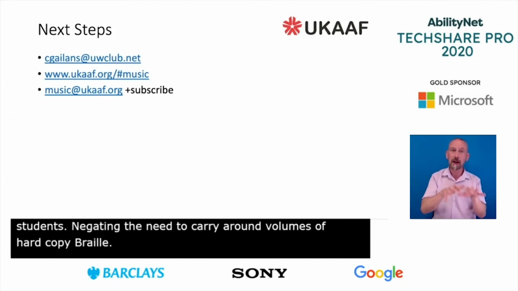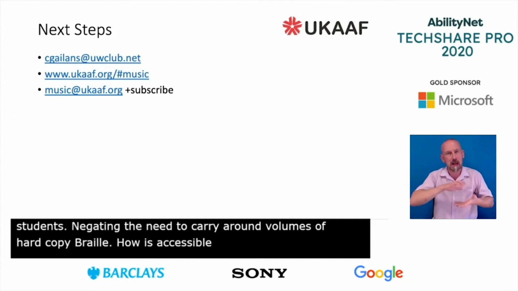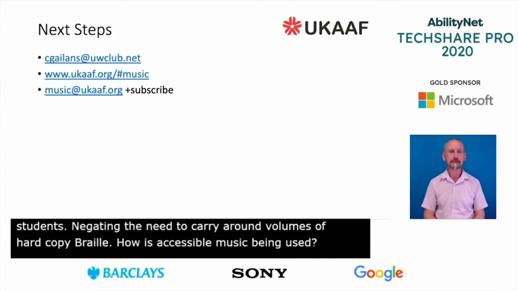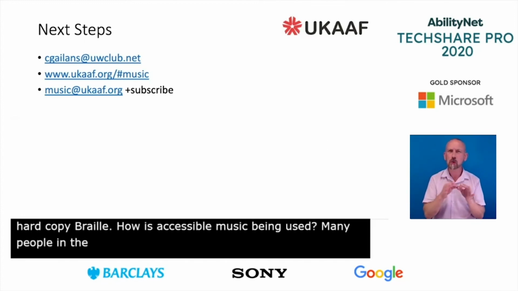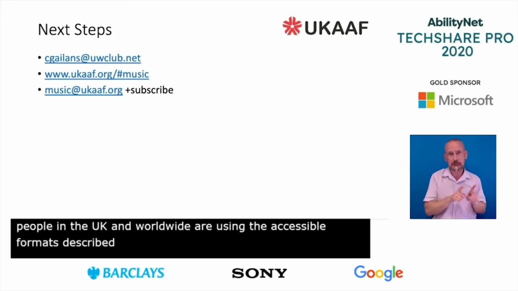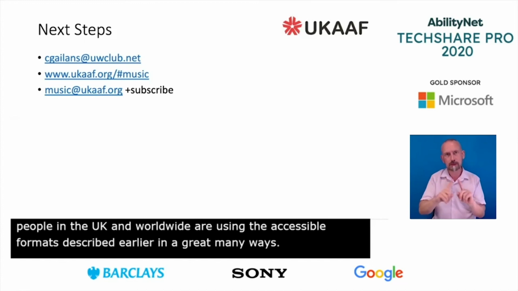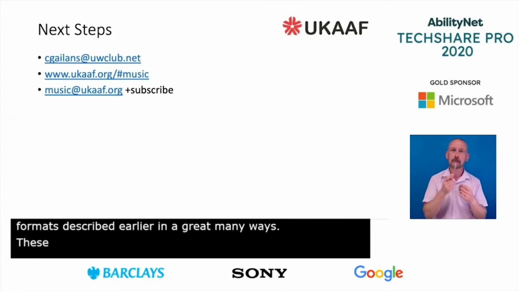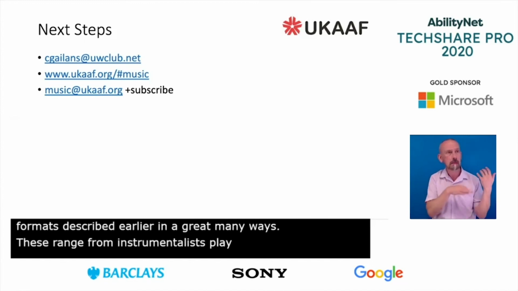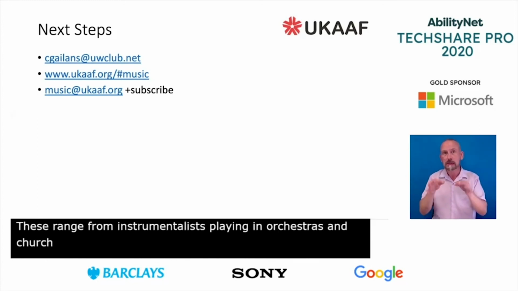How is accessible music being used? Many people in the UK and worldwide are using the accessible formats described earlier in a great many ways. These range from instrumentalists playing in orchestras and church music directors to members of choirs made up of amateurs.